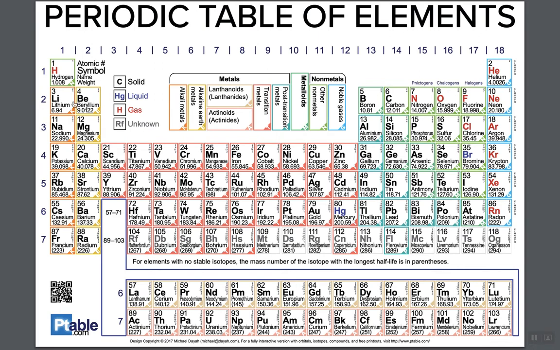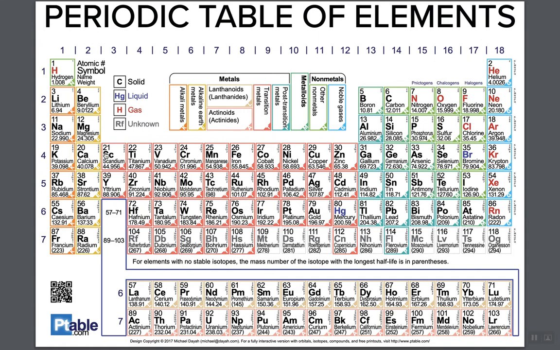So again, beryllium has 2 energy levels because it's in period 2 and 2 valence electrons. Magnesium, 3 energy levels, 2 valence electrons. Calcium, 4 energy levels, 2 valence electrons, and so on. And again, the reactivity of those elements increases as you move down the group, from top to bottom.